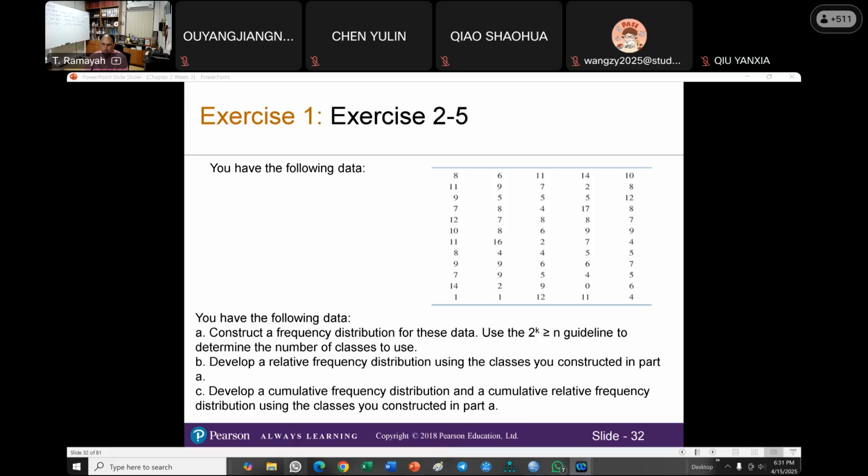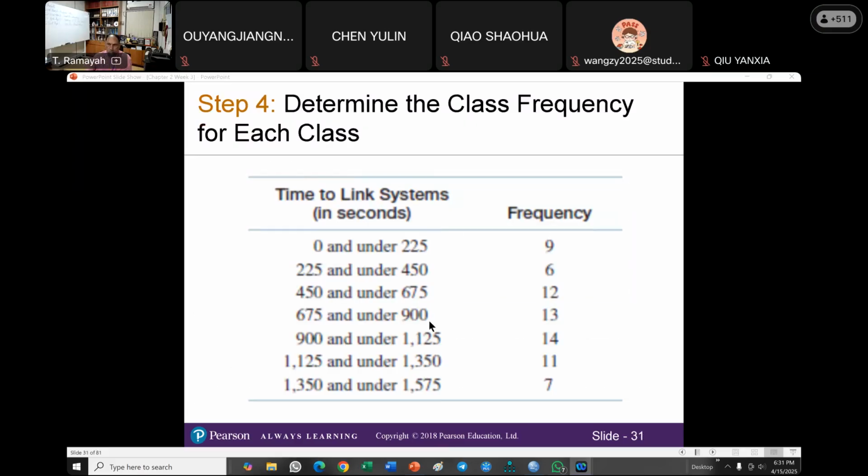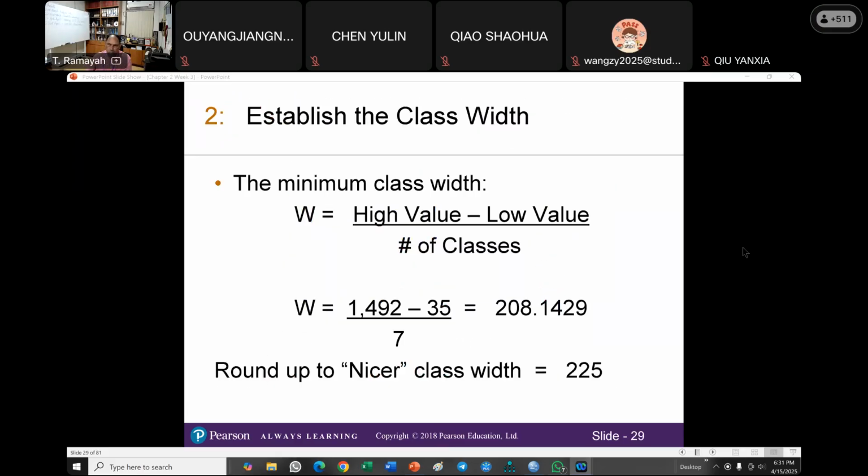Okay. You can decide on the number. What is meant by a nicer class width is that instead of 208.1429, nobody uses that kind of number. So what you can do is round it up to 210. It's easier. What they are suggesting is you can use a nicer number of 225.